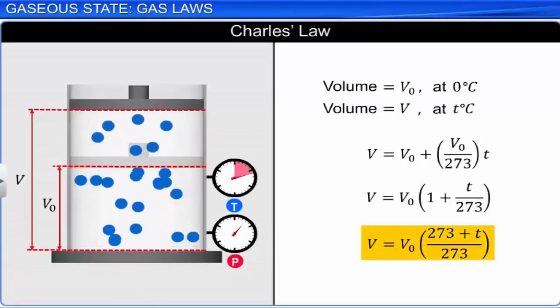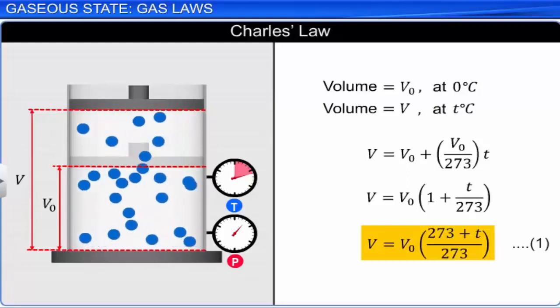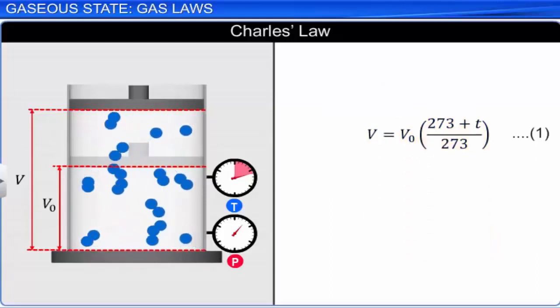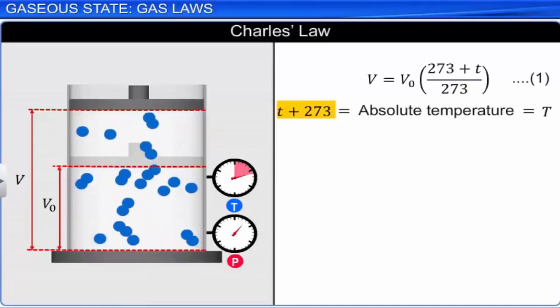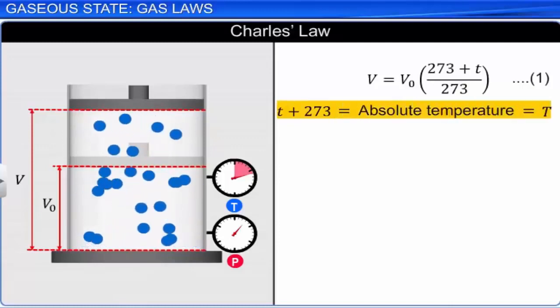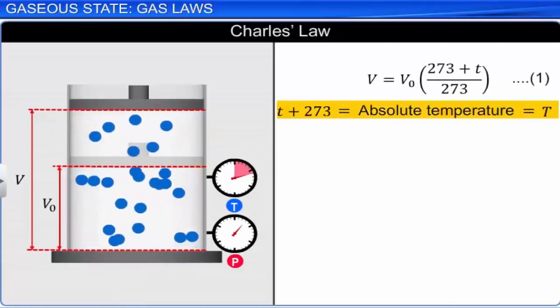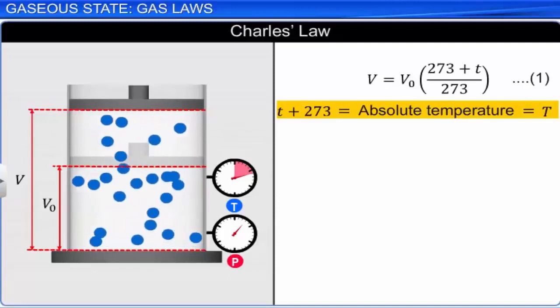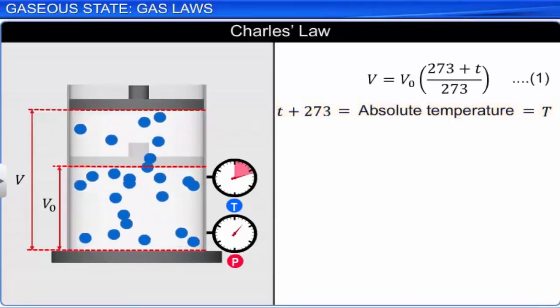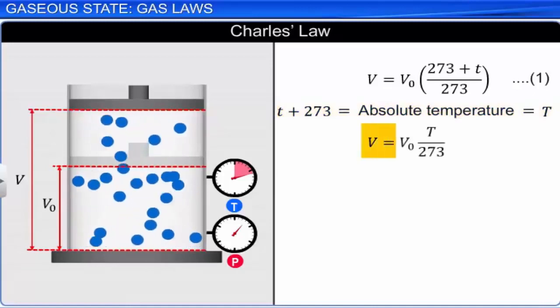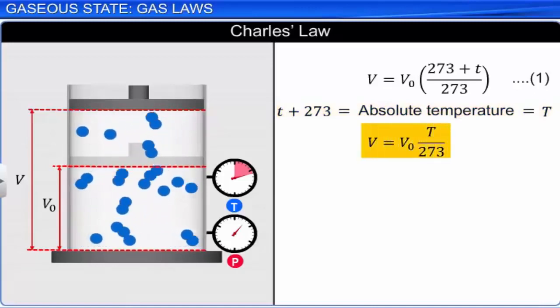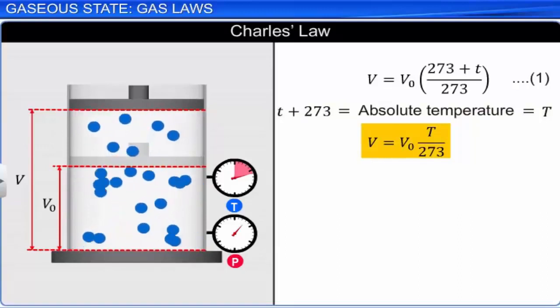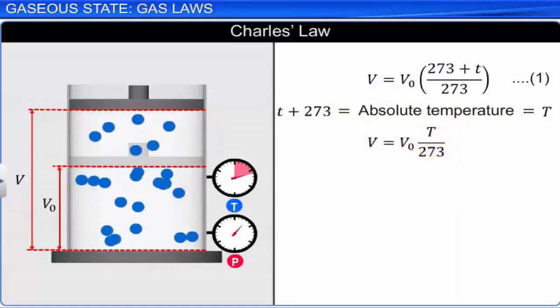We know that T plus 273 is nothing but absolute temperature in Kelvin scale. Writing T plus 273 as T, we get V is equal to V0 into T divided by 273. But for a given mass of a gas, V0 by 273 is equal to a constant.